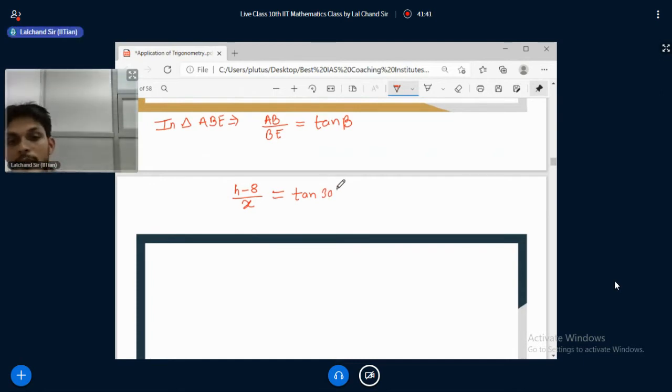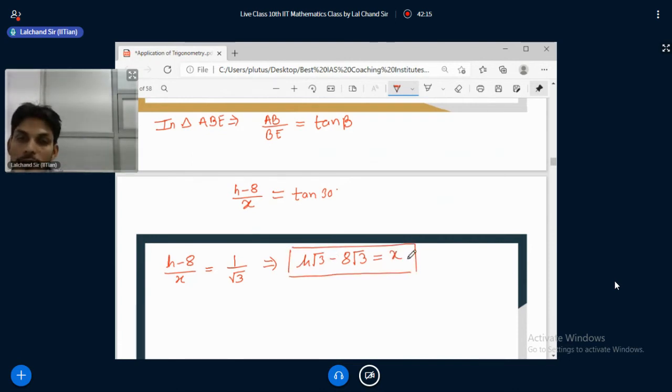Okay, so if we simplify this equation, we have h minus 8 divided by x, and that is equal to 1 by root 3, isn't it? The value of tan 30. If we cross multiply this equation, we have h root 3 minus 8 root 3 equal to x. Okay.